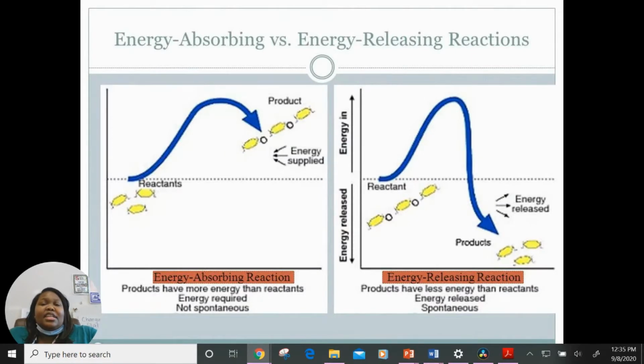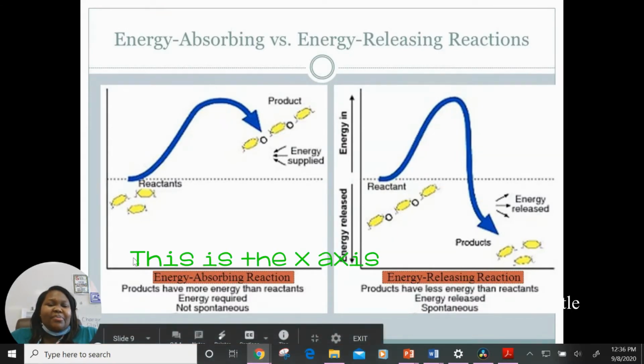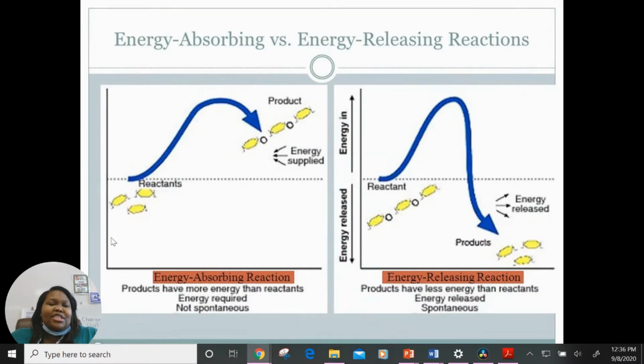All right, so let's look at a graph, which is one way that we can show a reaction. Let's talk first about the parts of our graph. We have an x-axis, which is here, and we have a y-axis, which is here.